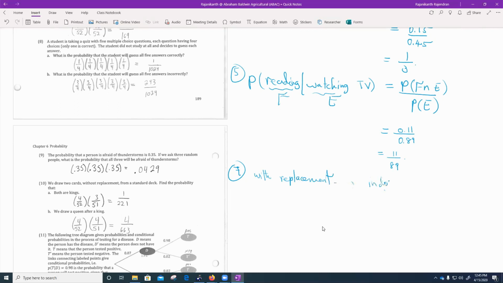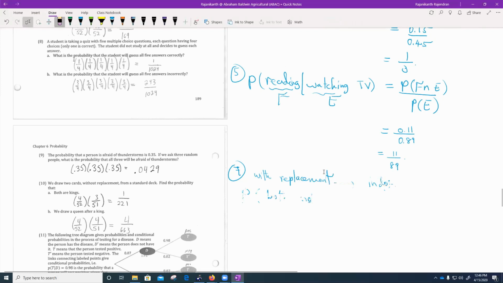So that means I'm going to use my first formula. The question is finding the probability that both are kings. So that means your first draw is a king and the second is also a king.